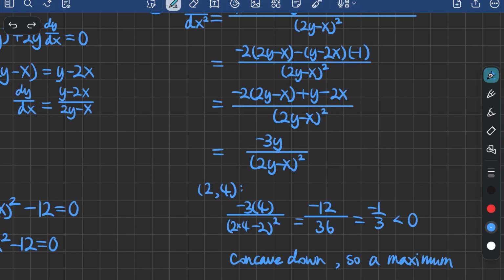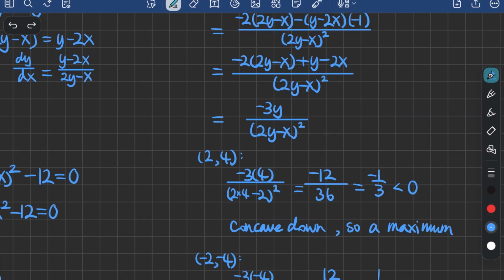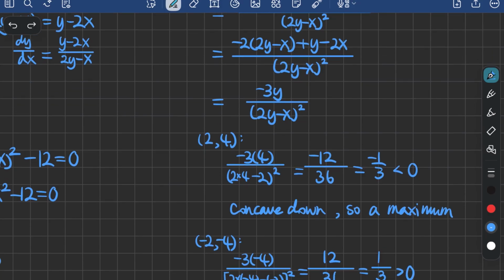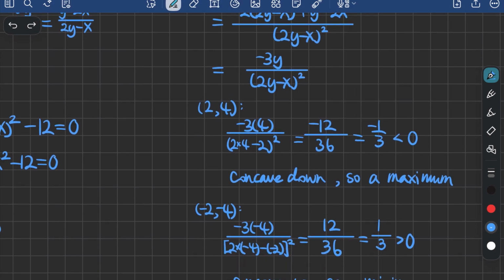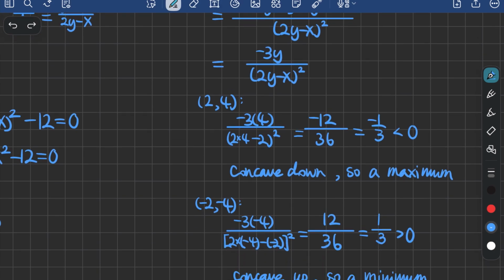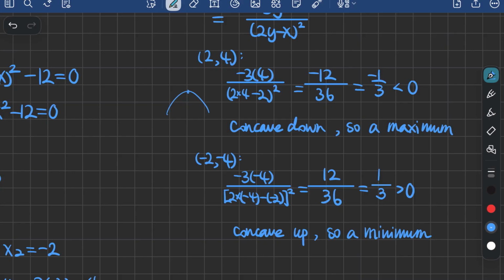Now we want to test the 2 points, whether substituting y and x will give us a positive or negative value. So let's first do (2, 4). Just substitute 2 and 4 in there, and then you will have a negative value. So that means it's concave down, so it's a maximum. Now let's do (-2, -4), and it's a positive value. It's 1/3, so it's concave up, so it's a minimum.